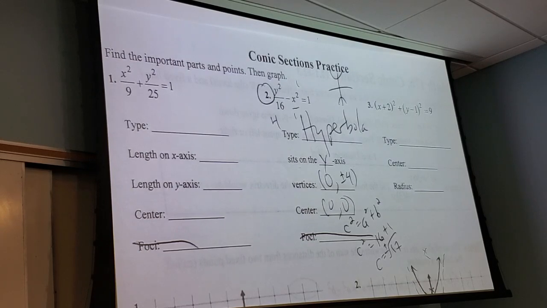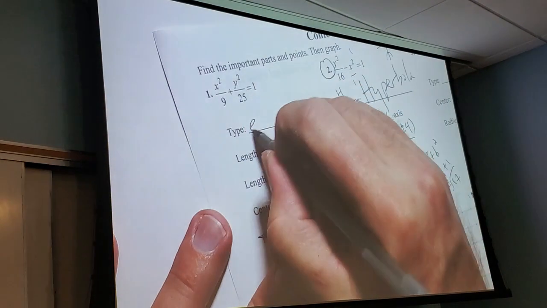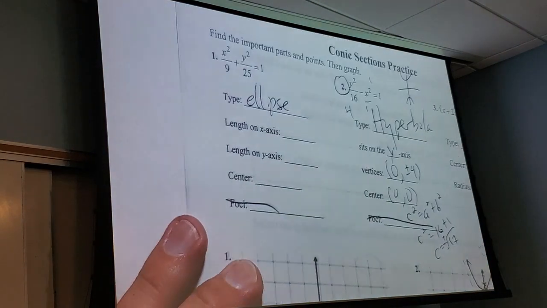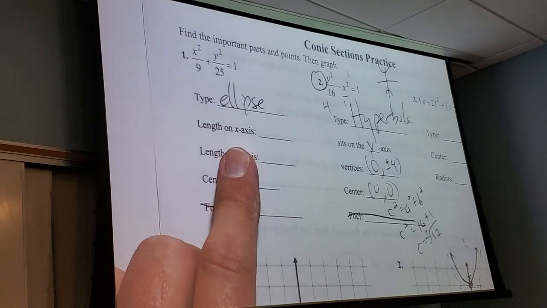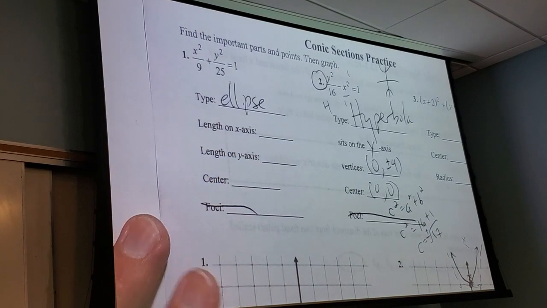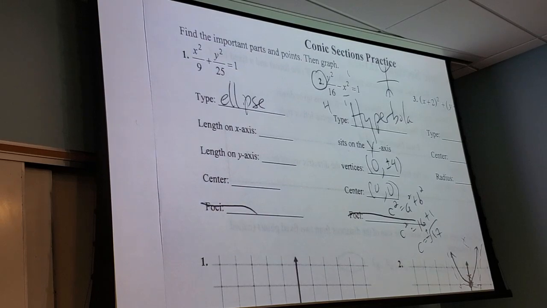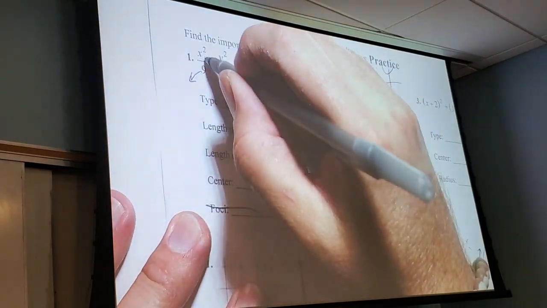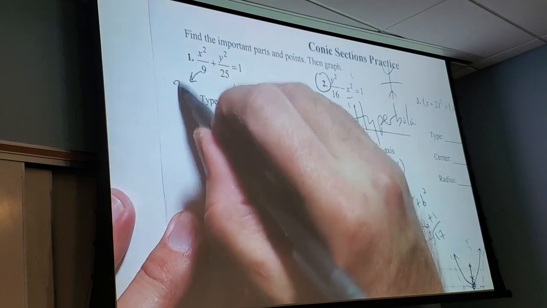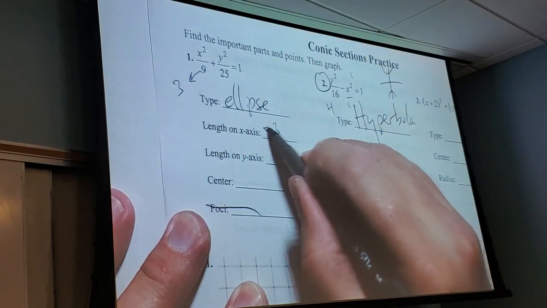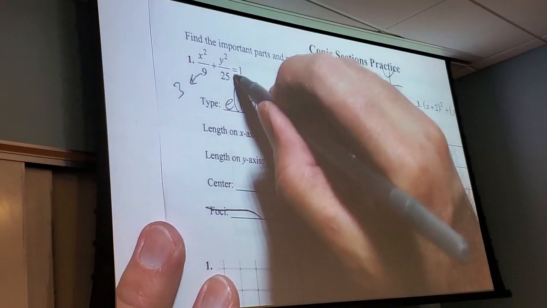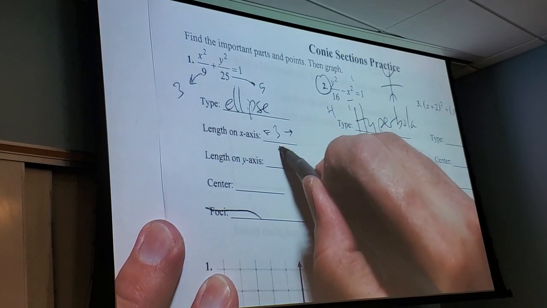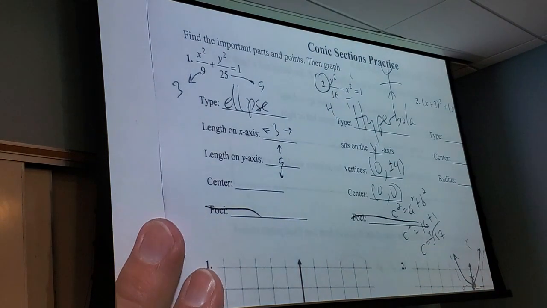So let's look at this first one. We know it's an ellipse. What's the length going to be on the x-axis? How far is it going to get away from the center? Yeah, so whatever number is with the x, you square root it. So it's going to go out 3 in both directions, right? What about on the y-axis? 5. So it's going to go up and down 5 on the y-axis.